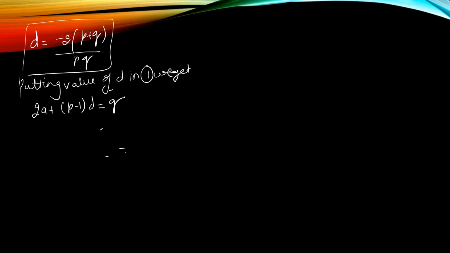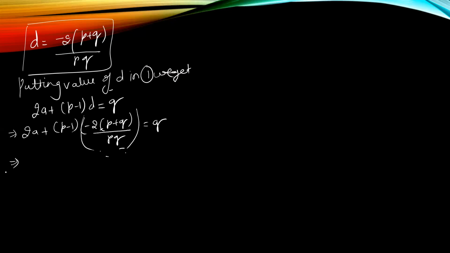So by putting the value of d, what we'll get? 2a plus p minus 1 into minus 2 p plus q upon pq is equal to q.